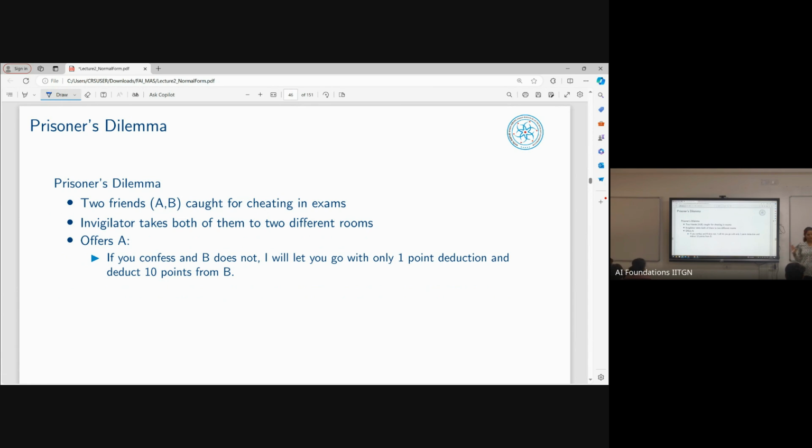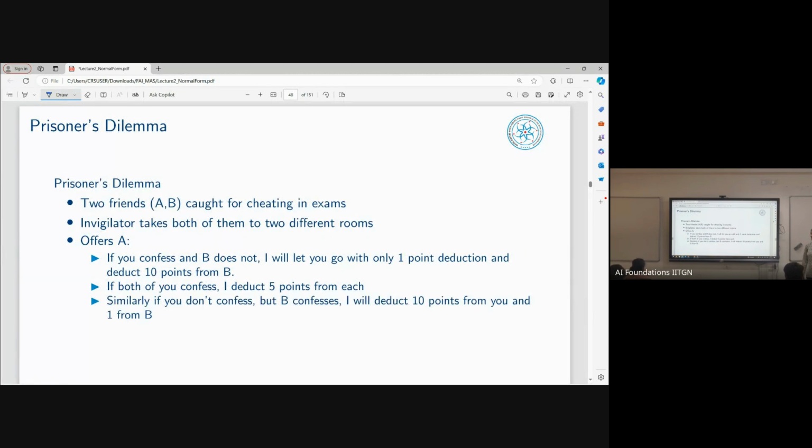Ideally, both of you have cheated, so both of you have to be punished, but your punishment is less stringent because you have confessed, and that fellow has not confessed. Right? If both of you confess, then I deduct 5 from both of you. And similarly, if you don't confess, but the other guy confesses, then I deduct 10 from you, but only 1 from him because he has confessed. Okay. And if nobody confesses, then I only deduct 2 points from each.